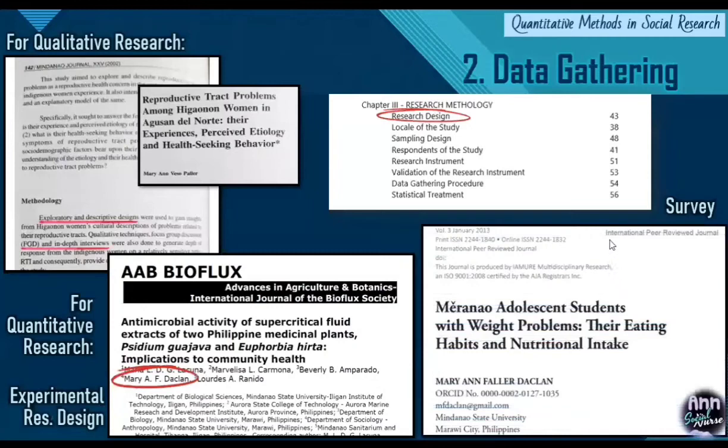Now, the survey, as an example. This is quantitative, another quantitative research. The title: Adolescent Students with Weight Problems, Their Eating Habits and Nutritional Intake, Multidisciplinary Research Journal.